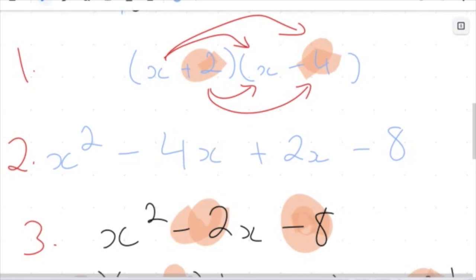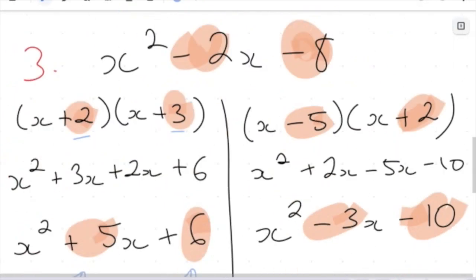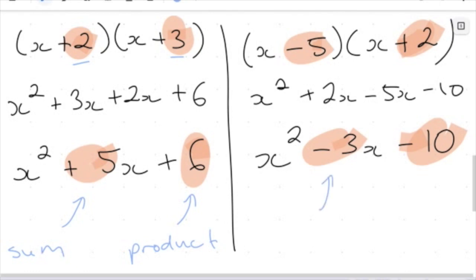Let's actually go back to this one. So -2, once again, we get -2 by summing 2 and -4. And we get -8 by multiplying 2 and -4. Over on this side, my -3 is a sum of -5 and 2. When I take -5, I add 2 to it, the sum of those is going to be -3.